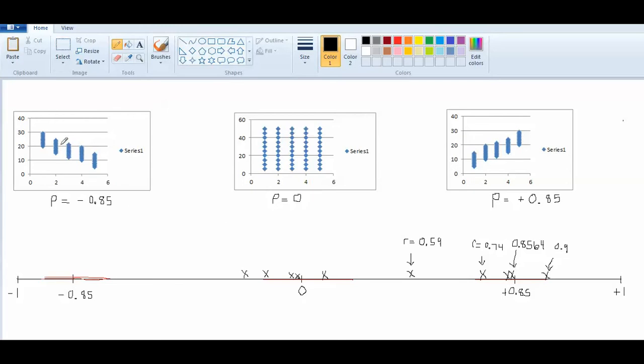Let's take 5 samples from this population with a negative correlation.